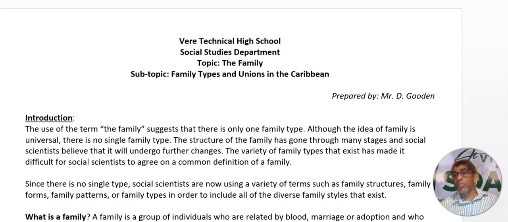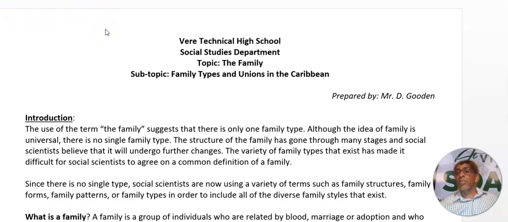So there are some terms that you need to familiarize yourself with: marriage, family, family types, union, same-sex relationship. Well, you understand what I'm saying? Bigamy, polyandry. You must familiarize yourself with those terms. And remember that that handout is your Bible for terms, family terms, in your preparation for your CXC exam.